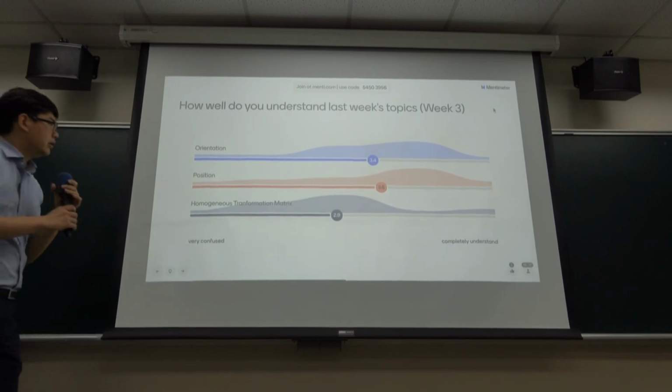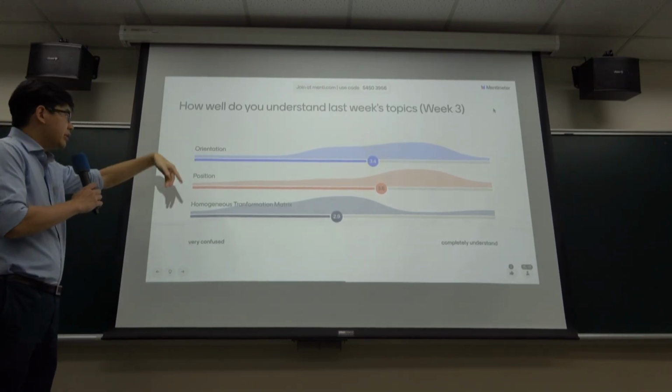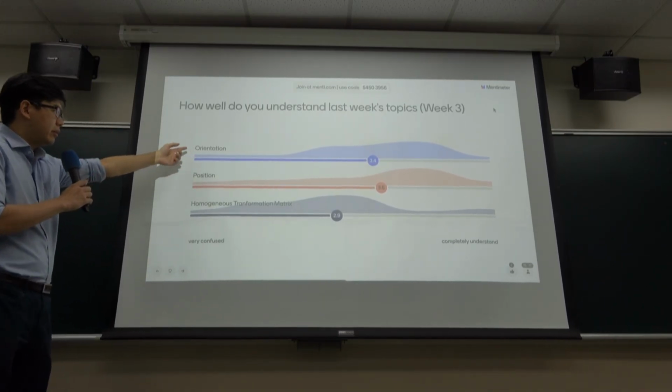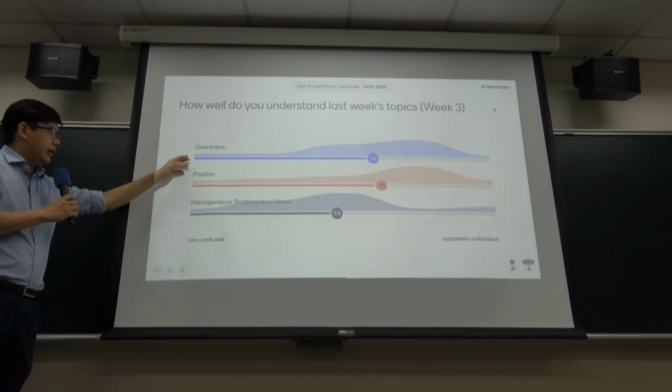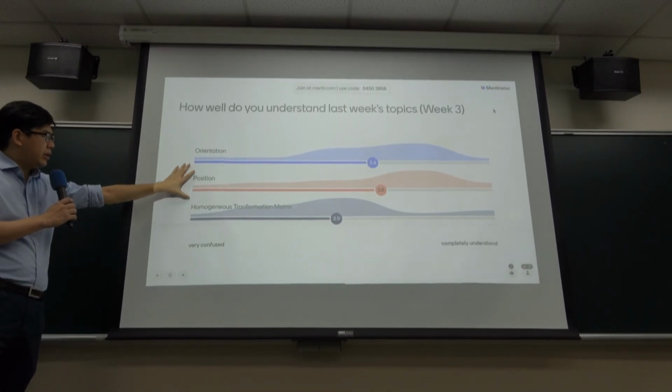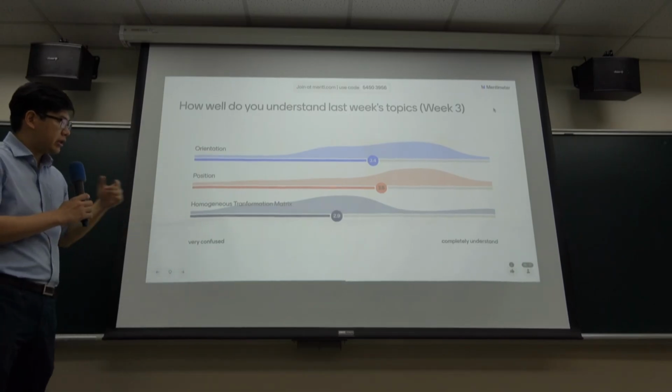I think most of you have already understood what is the orientation of the robots and the position. And to sum all these two up is the homogeneous transformation matrix.